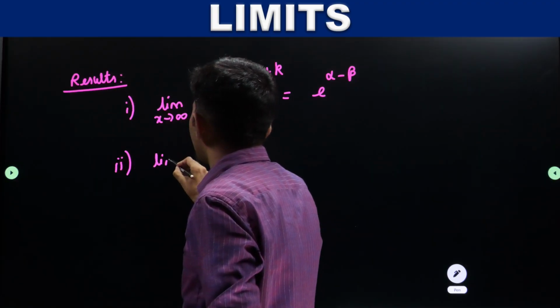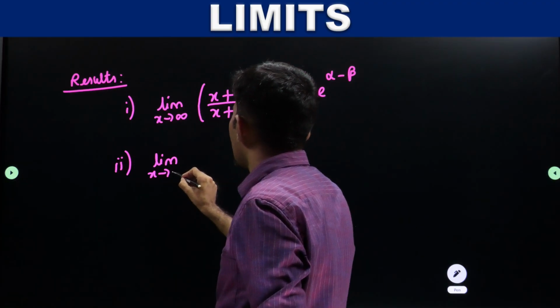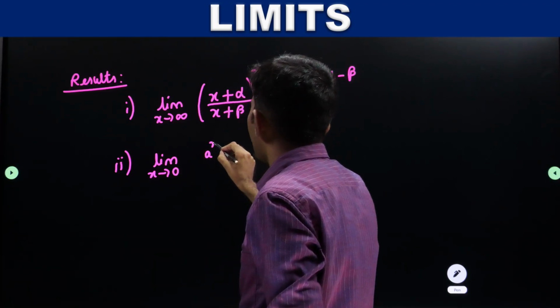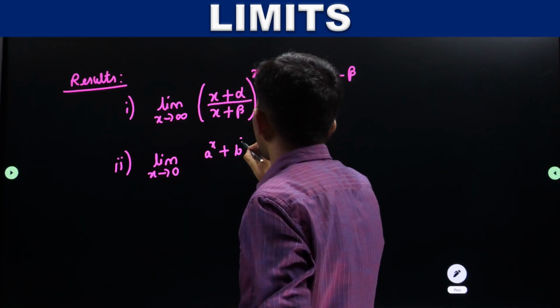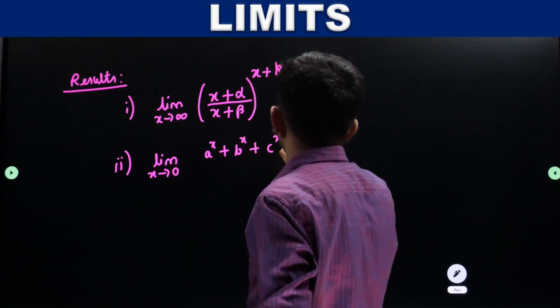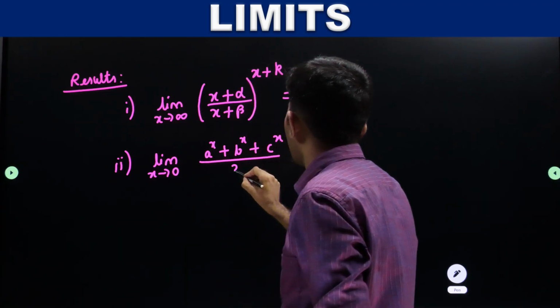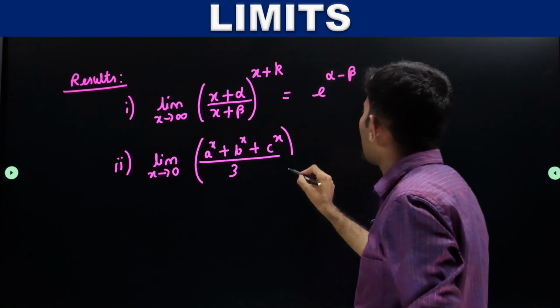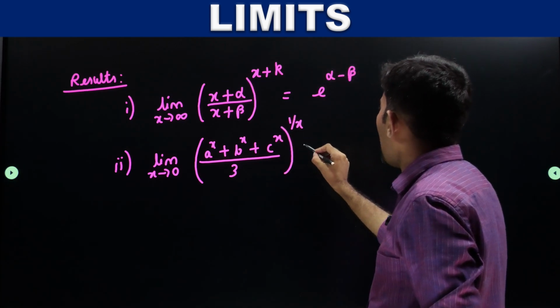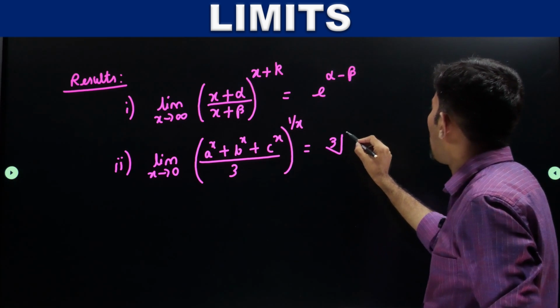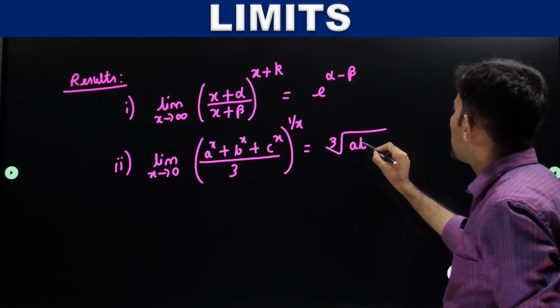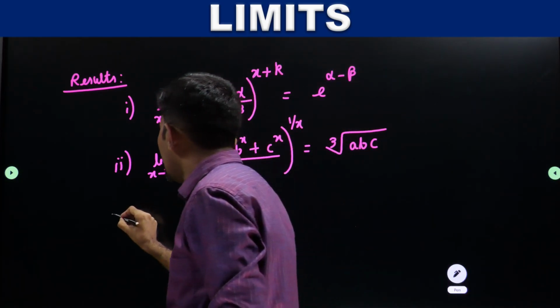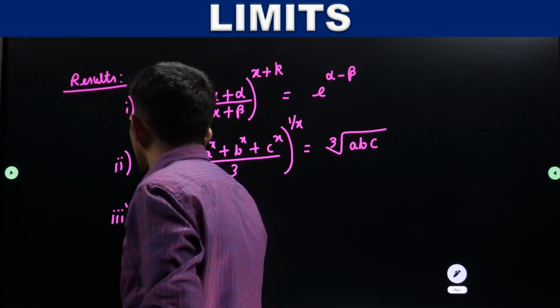Another one: limit x tends to 0 of ((a power x plus b power x plus c power x) divided by 3) whole to the power of 1 by x. In this case, the answer is the cube root of abc. In general, I can give it for n numbers.